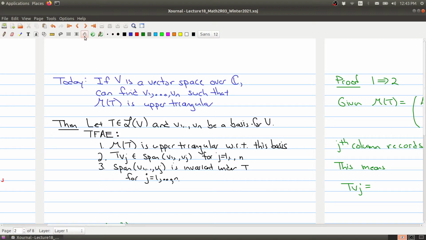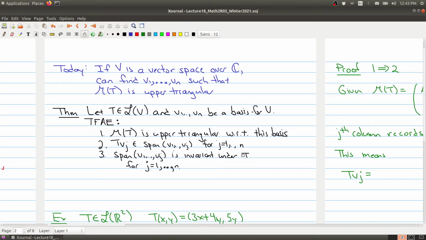To attain this goal, we need a criterion for determining when a basis will give you an upper triangular matrix. That's what the following theorem says.